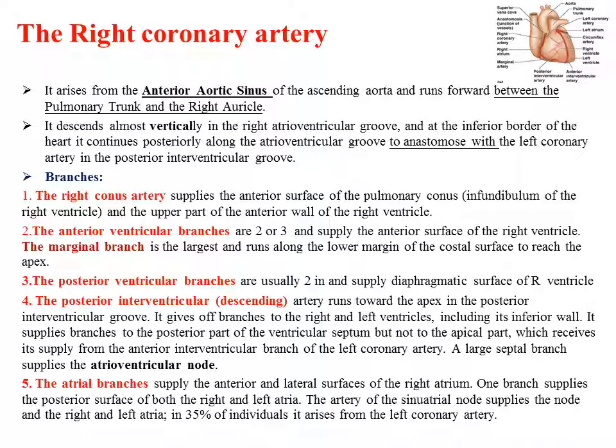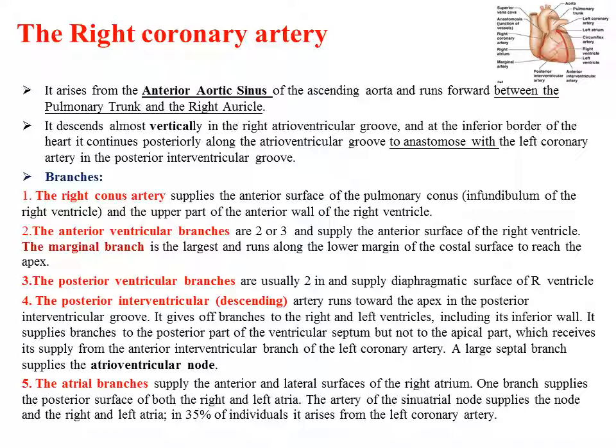The right coronary artery arises from the anterior aortic sinus of the ascending aorta and passes forward between the pulmonary trunk and the right auricle of the right atrium.